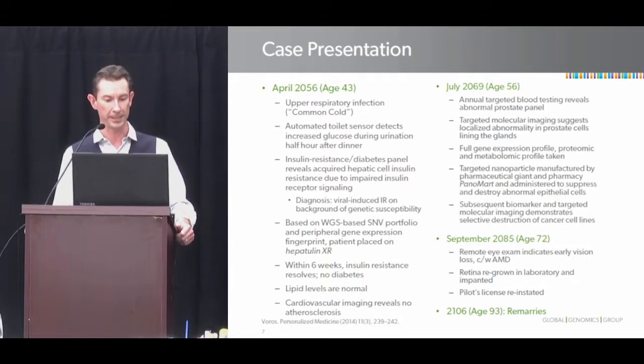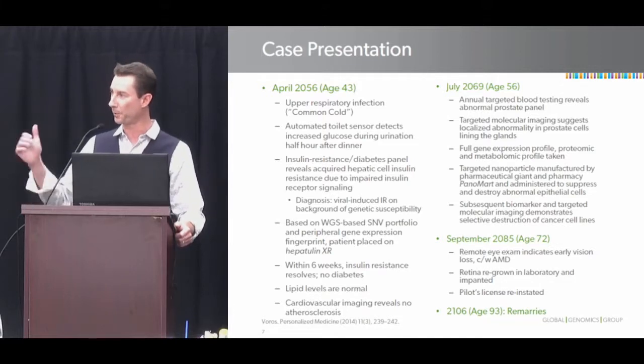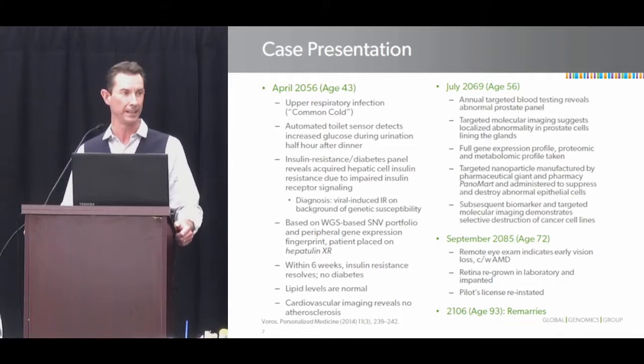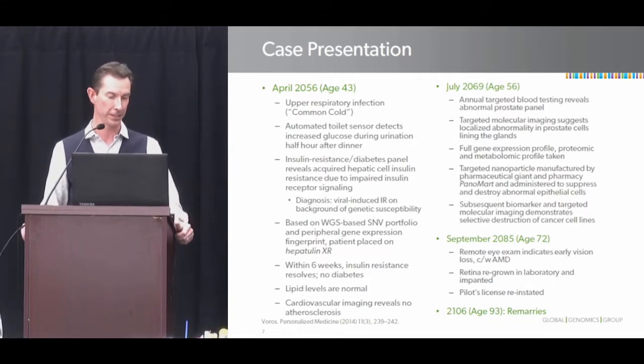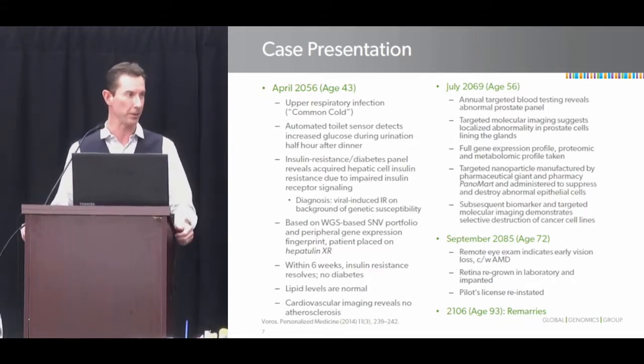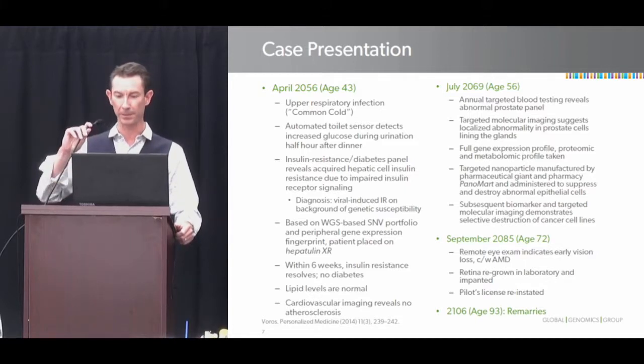And so the diagnosis is now made of viral-induced insulin resistance on the background of genetic susceptibility. Now, a whole panomic profile is performed, and on the basis of the proteomic and the transcriptomic data, a personalized treatment is applied, and the insulin resistance is reversed. There's no atherosclerosis on the imaging at this time.